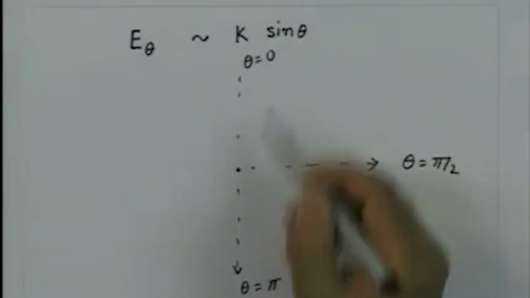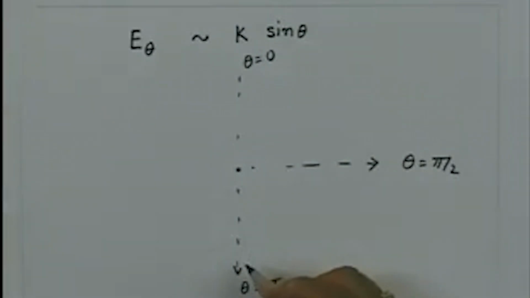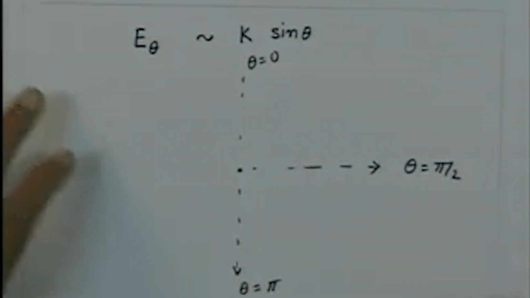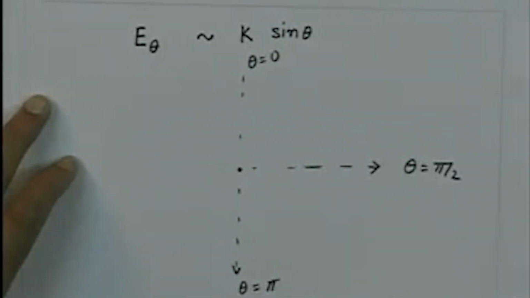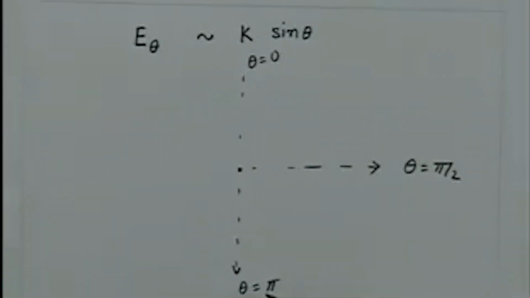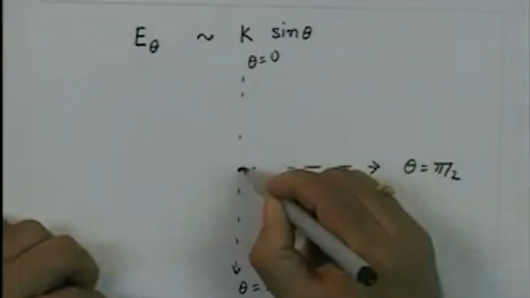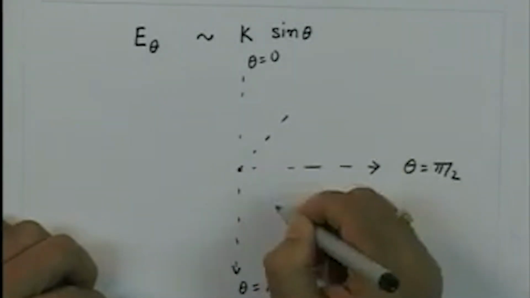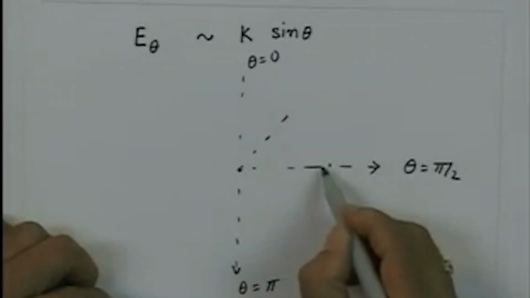When theta equal to 0, the field is 0. When you go to theta equal to 45 degrees, you will have k upon root 2, and since we are interested only in the relative distribution, we can as well take k as 1. So we have some distance which is 1 over root 2 at 45 degrees. When I take theta equal to pi by 2, this will be equal to 1.